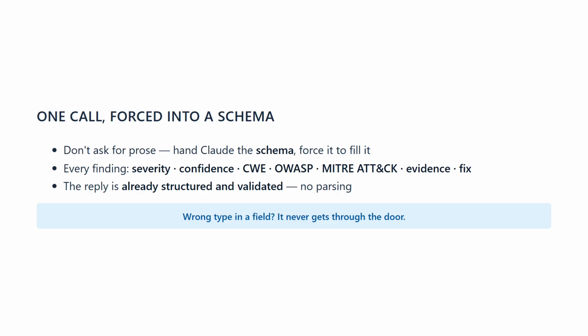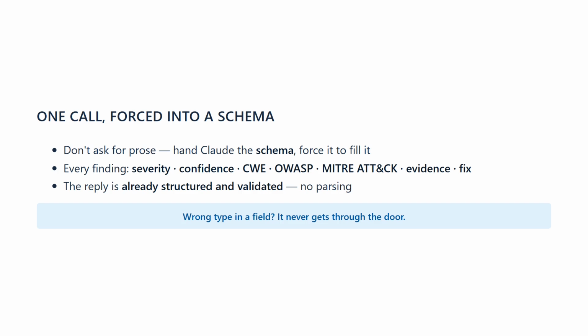Here's the trick that makes it reliable. We do not ask Claude for prose and then try to parse it. Parsing model text is a nightmare. Instead, we hand it a schema, the exact fields we want for every finding: severity, confidence, the OWASP and MITRE IDs, the evidence, and the fix.